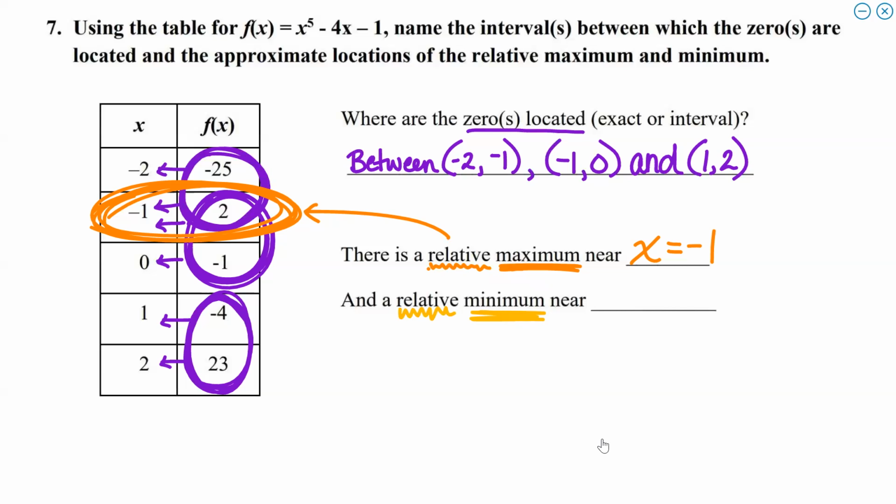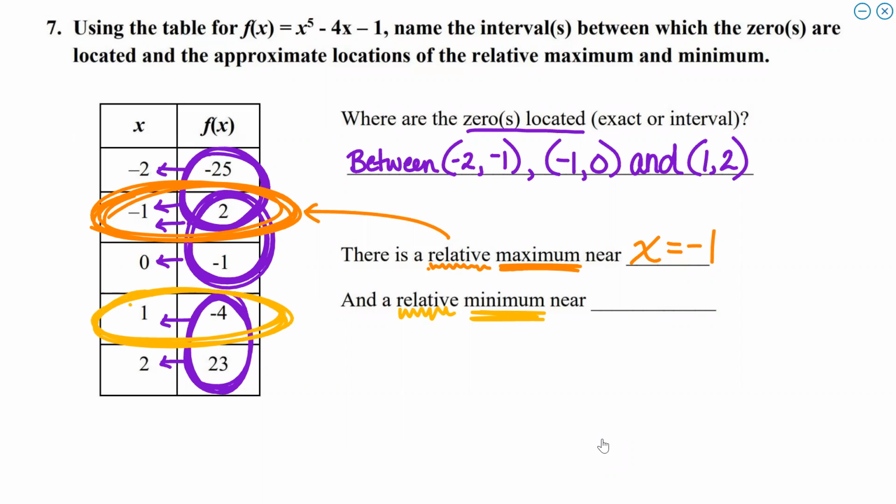So let's pick up where we left off. We said that we had a relative maximum right here. And then it got smaller, right? Down to -1. What happens after that? It keeps getting smaller, so we went even lower. What happens after that? It started going up. So it had to have turned right here.